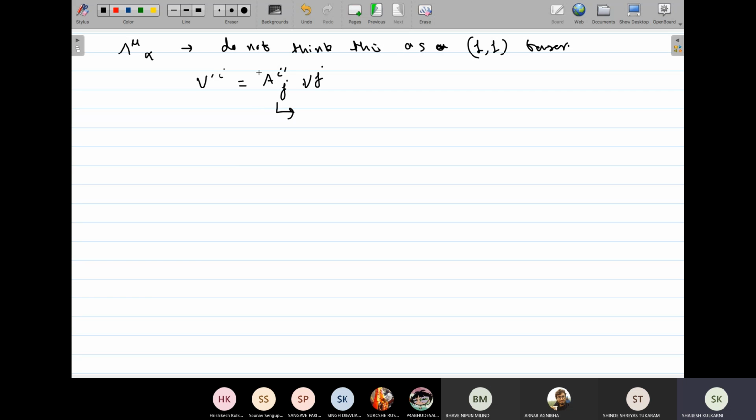It just tells us how the bases are transformed. Sometimes it satisfies the properties of a tensor, but I should not call it really a tensor.